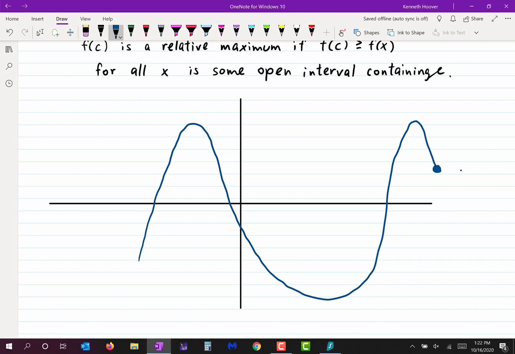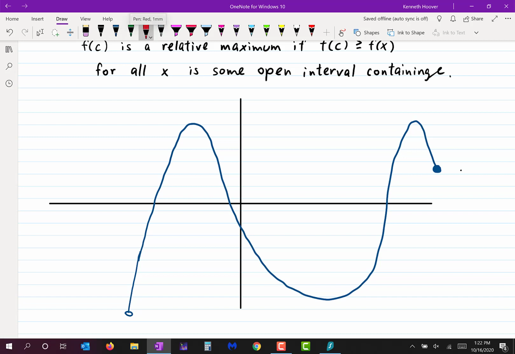Okay, I want to make this go down further here. And let's put an open circle there. Okay, so let's look at that. So first, can we find the absolute maximum and absolute minimum if they exist?